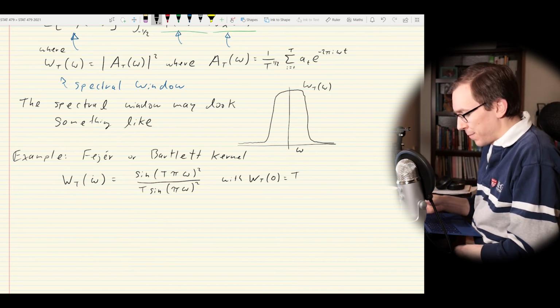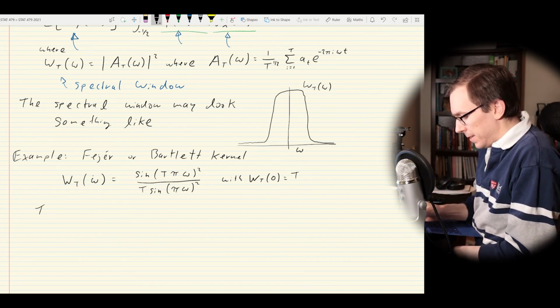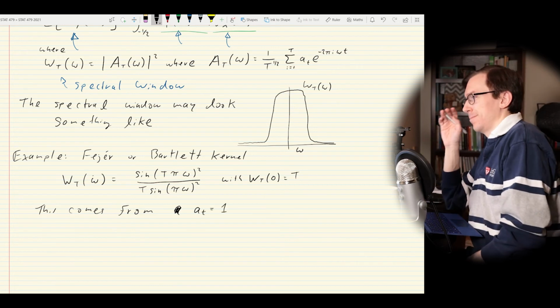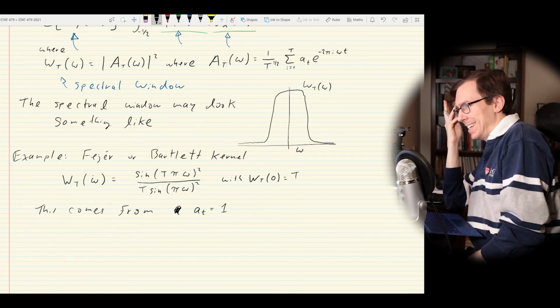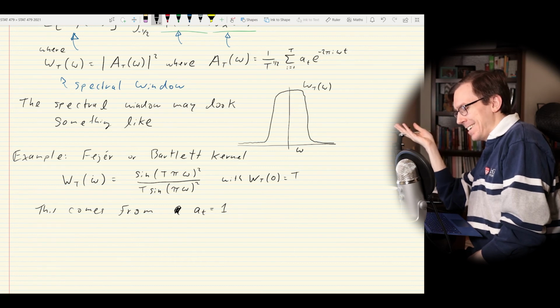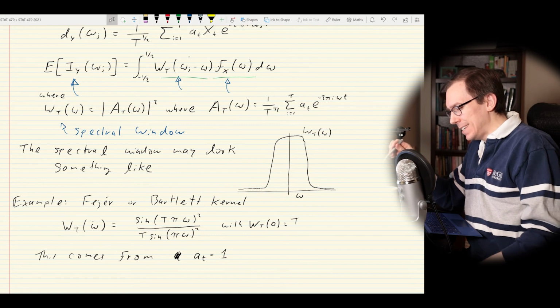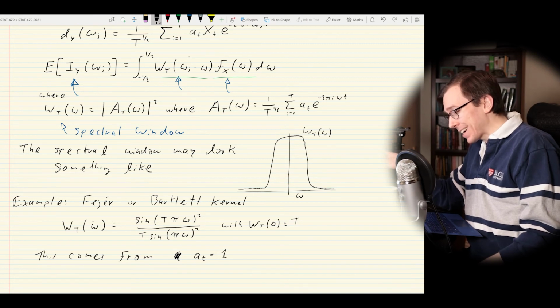All right, so where does this come from? It comes from setting the a_t equal to 1. Okay, so this comes from, in some sense, nothing. The idea is that if I go back up here and I set all the a_t equal to 1, in that case I just get y is equal to x.